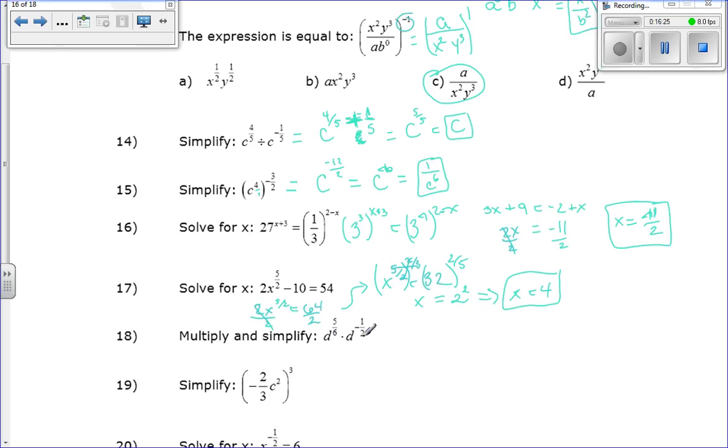For 18, we need to multiply. When we multiply, we add exponents. But in order to add these exponents, we need to have a common denominator. My common denominator is 6. So I need to multiply top and bottom by 3.